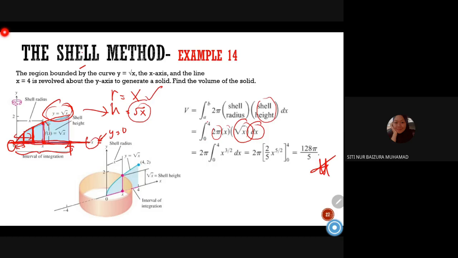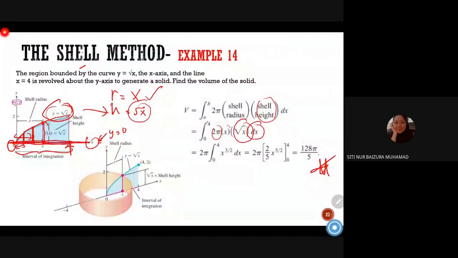So kalau case macam ni, kalau saya jadi you all, using cylindrical shell method is much easier for you to compute the volume compared if you use the washer method. Sebab the washer method, you have to find what is R out and what is R in, barulah you boleh dapat jawapan.